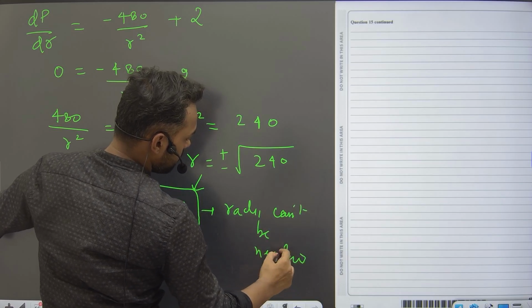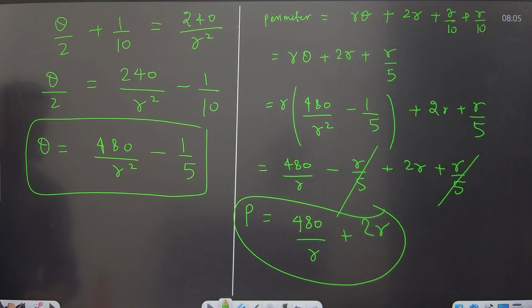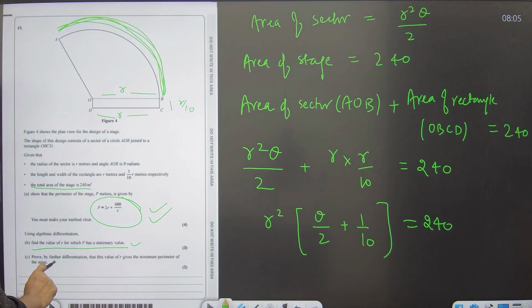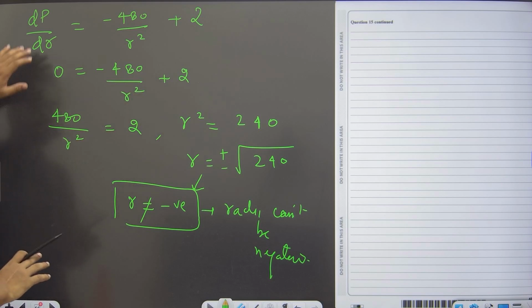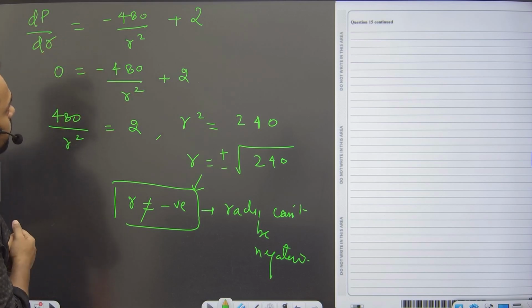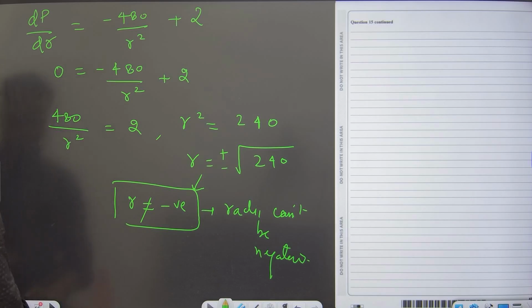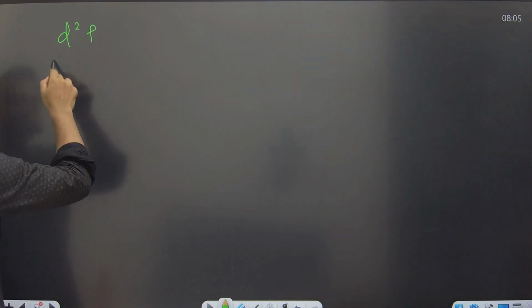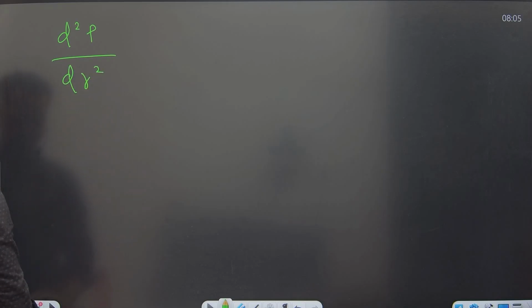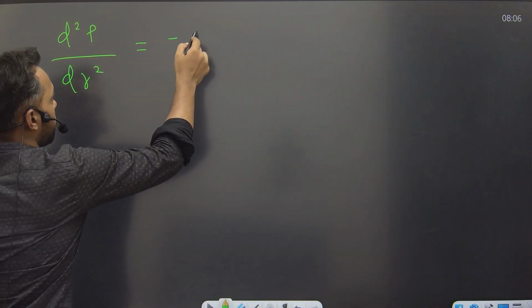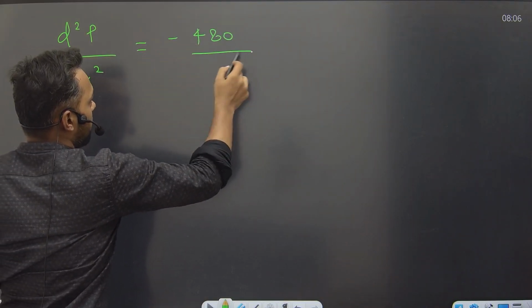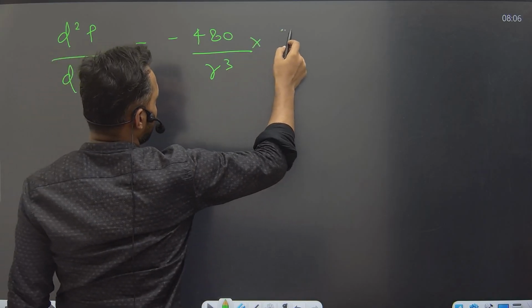Okay, this is done. Now in the same question they have told us to prove by further differentiation that this value of r gives the minimum perimeter of the stage. So we need to find the second order derivative of this function. dP by dr was negative of 480 by r square plus 2. Similarly, the second differentiation of the perimeter with respect to radius will be negative of 480 upon r cube, and here you will get negative of 3.